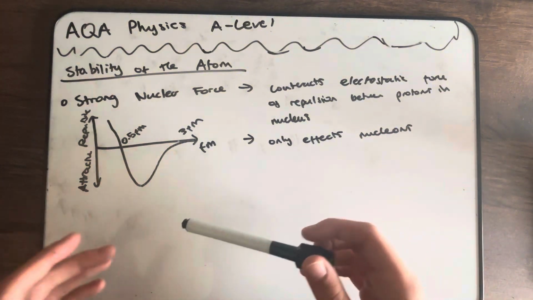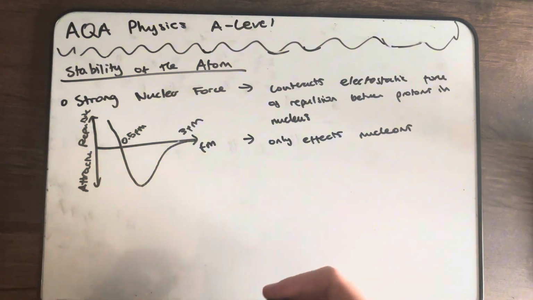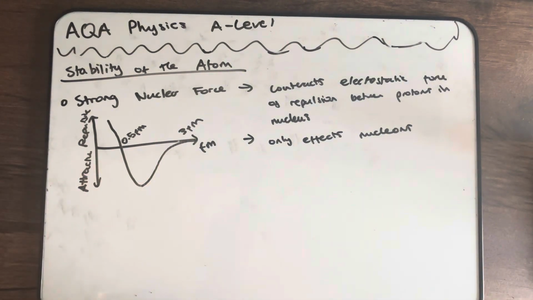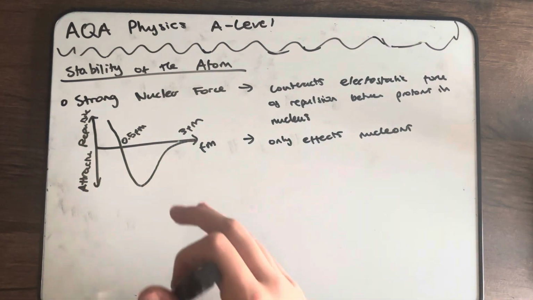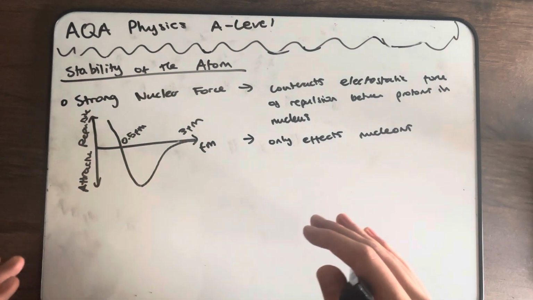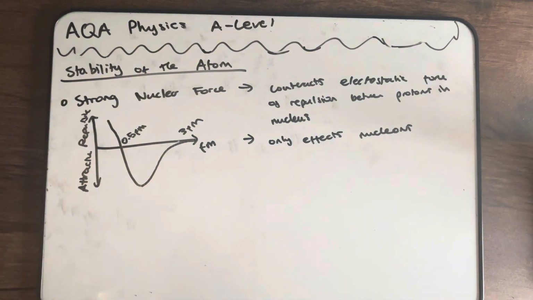Now this is the typical distance between protons in the nucleus. So above 3 femtometers, the force is negligible. Otherwise, the protons would just be constantly attracted to each other no matter the distance. So above 3 femtometers, there's really no nuclear force existing.